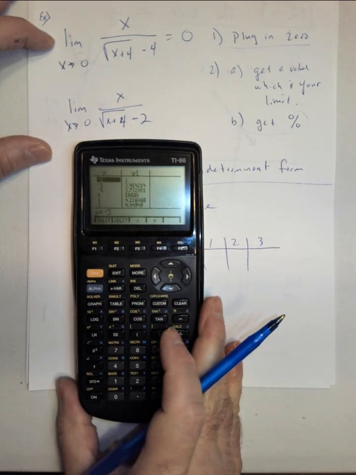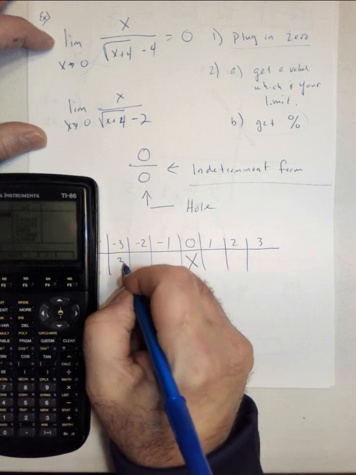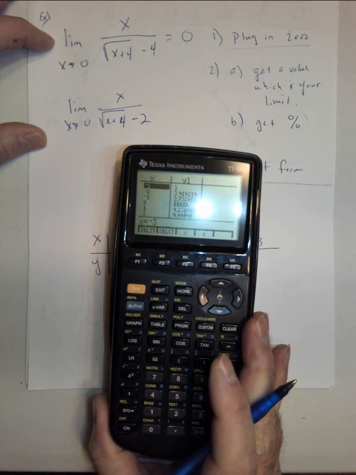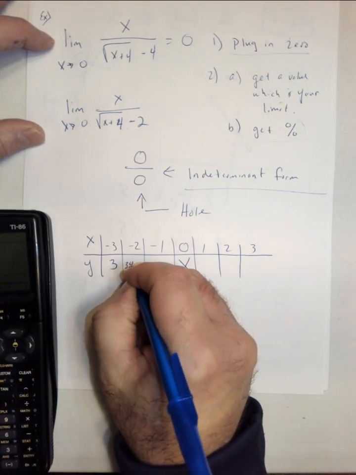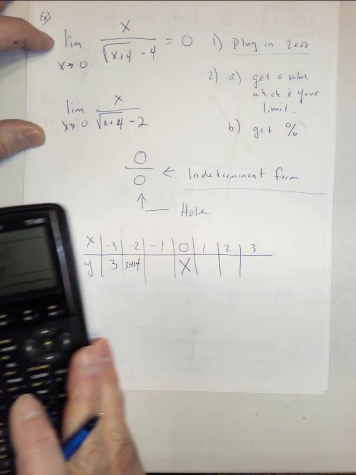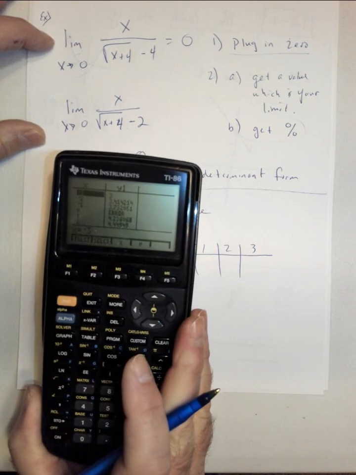Okay, so we see at negative 3 we're at 3. At negative 2 we're at 3.414. At negative 1 we're at 3.73. And then obviously 0 doesn't work.